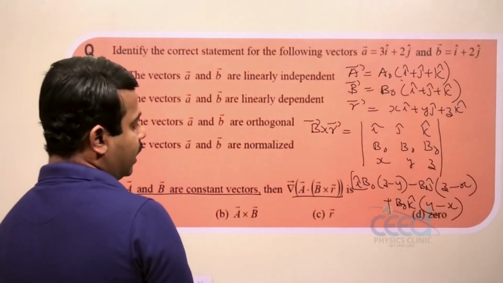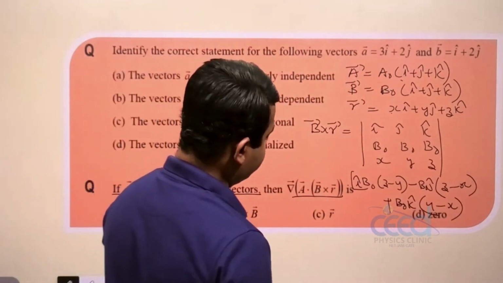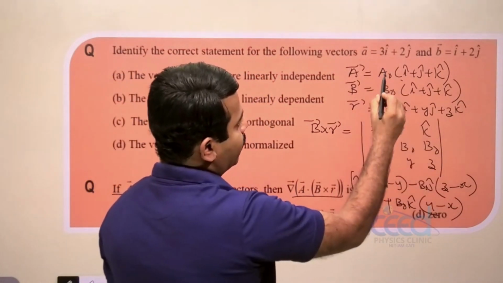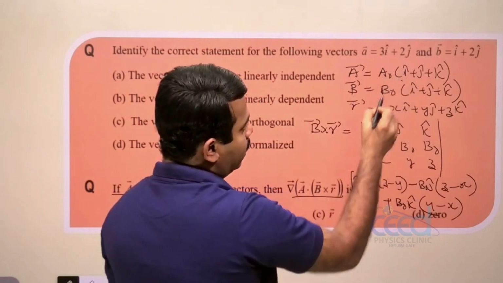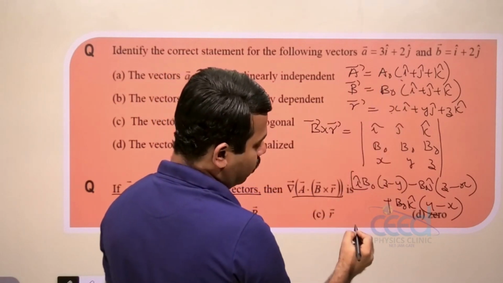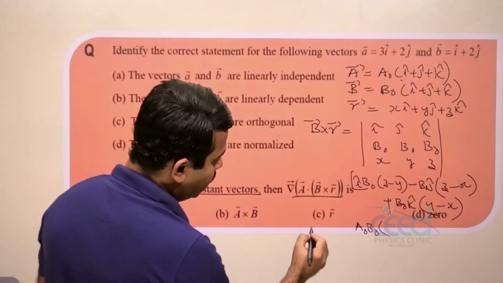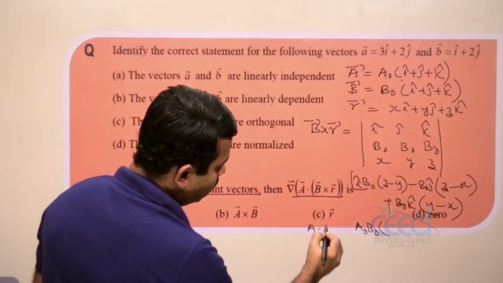Now if I take this dot with A, then A is A0 times (i cap plus j cap plus k cap). I am finding A dot (B cross R).